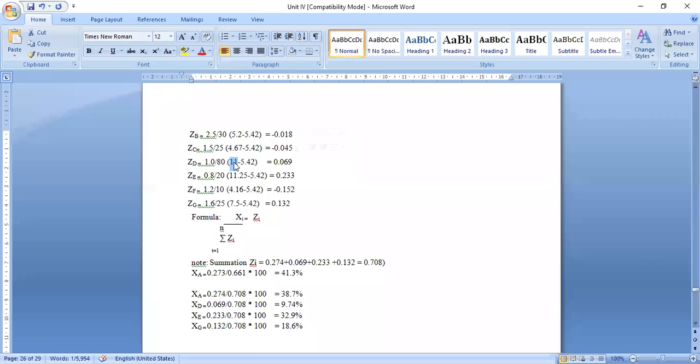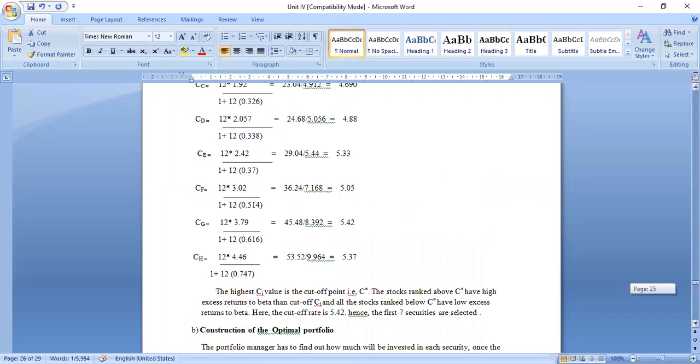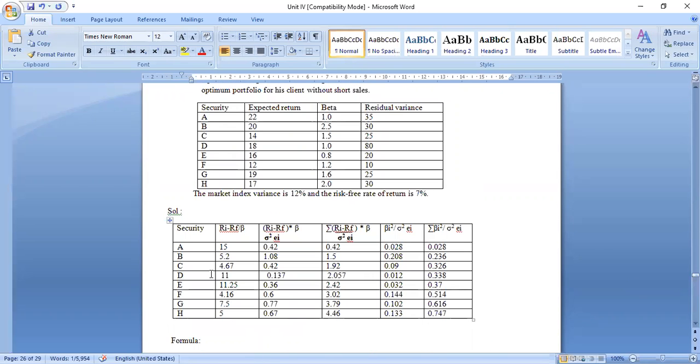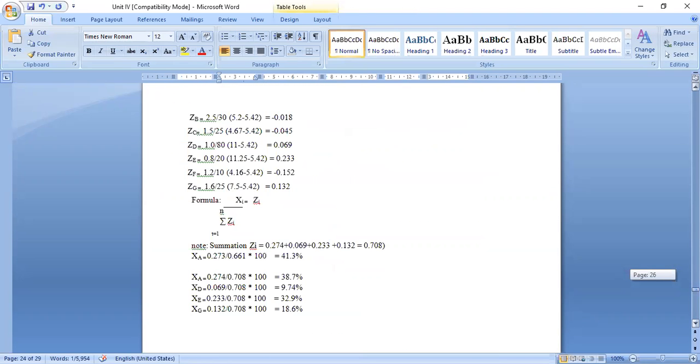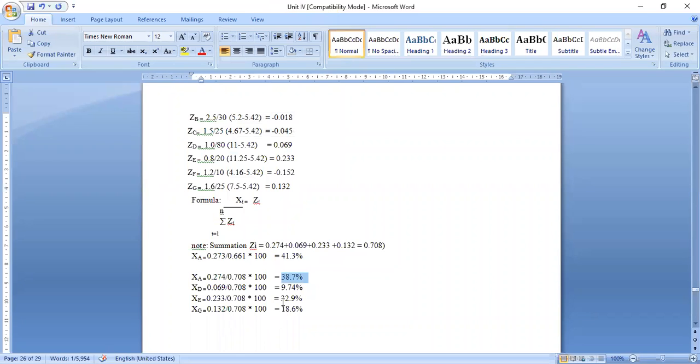So I had taken 7.33, which is actual value is 11 here. Okay. And accordingly, the values will change here. So again, when you see, the proportion of investment will remain highest for security A and lowest, the next security is going to be for security E.